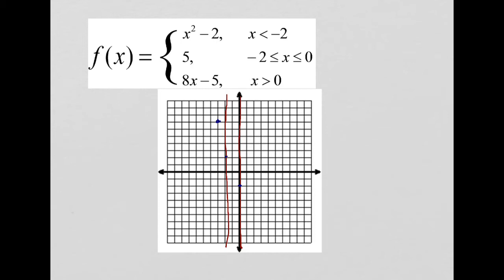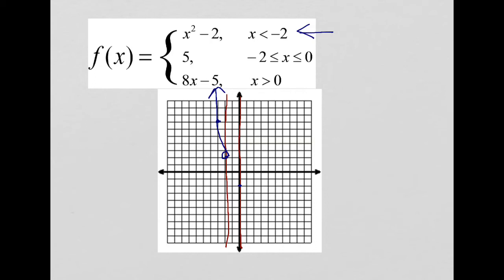Okay, now instead of doing a lot of erasing, I'm just going to graph what I can graph, which is everything to the left of negative 2, which would be this part right here. And I know it's a parabola, so it should look similar to that. And that is an open circle because of the inequality.